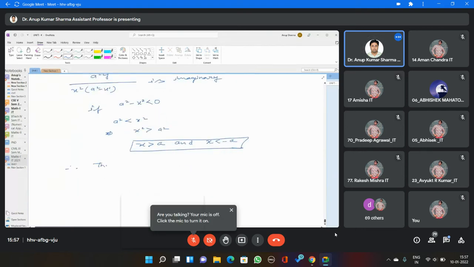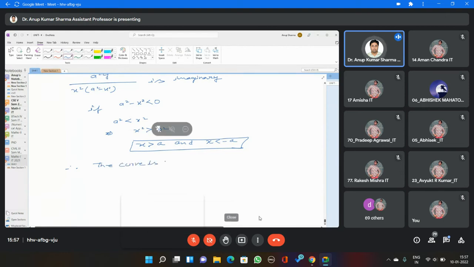Therefore, the curve is absent in the region x greater than a and x less than minus a. So now we talk about y.